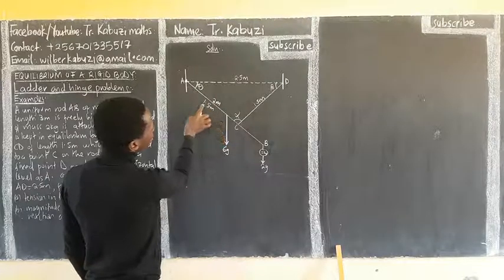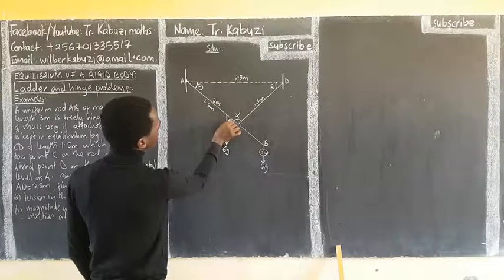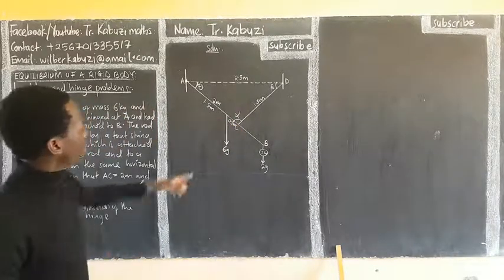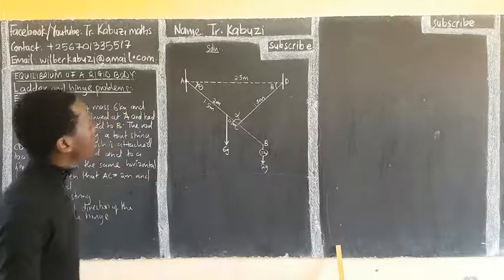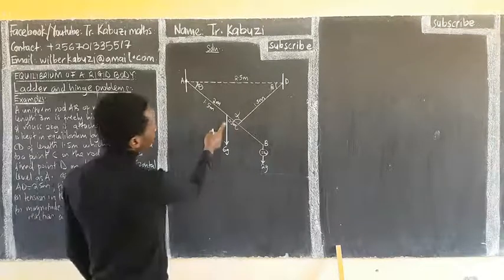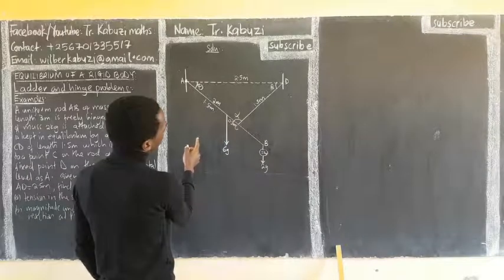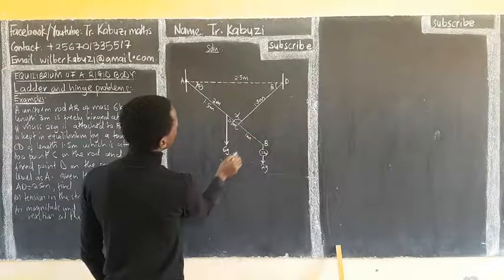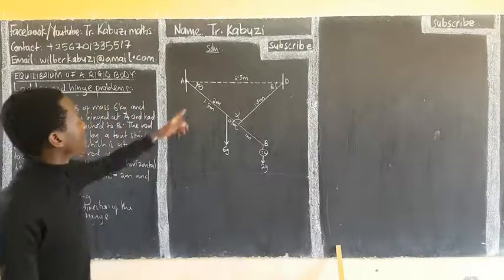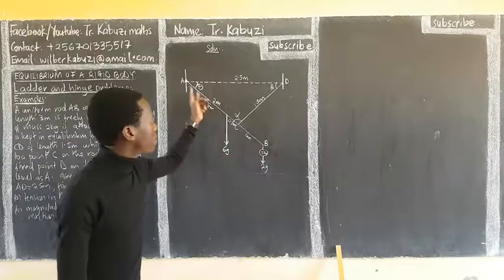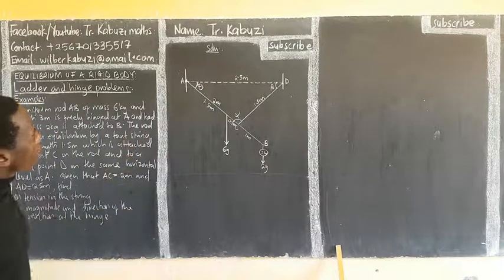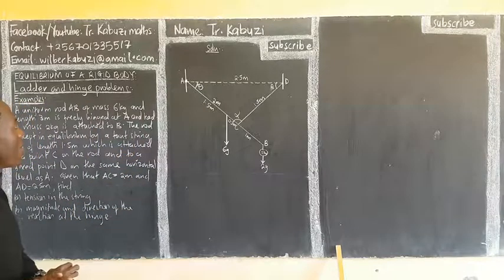So if this is 1.5, then this is going to be 0.5 meters, simple, you add this and this and you get the 2. So if this is 0.5 meters, then this is going to be 1 meter, because if from here up to here is 2, then this is going to be 1, and when you add it, you get the sum. So basically, that's the diagram we have.